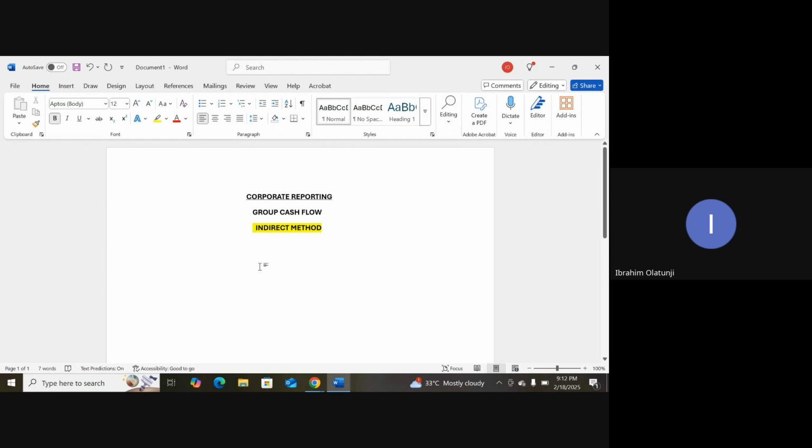The way I'm going to calculate my operating activities using the direct approach is quite different from the way I'm going to calculate operating activities using the indirect approach. But other headings like investing and financing are the same for both direct and indirect approach. It is only operating activities that differ.